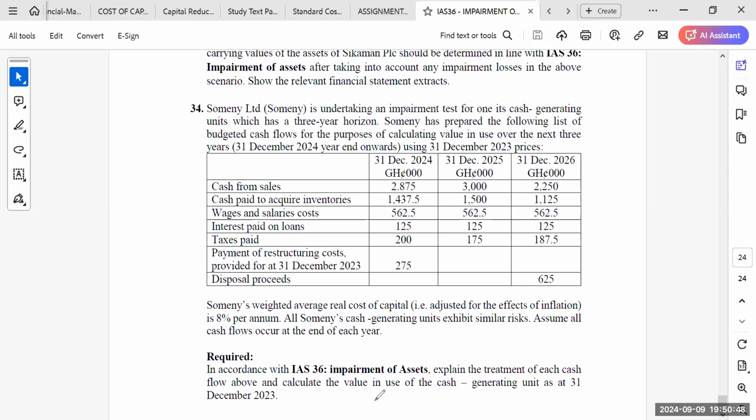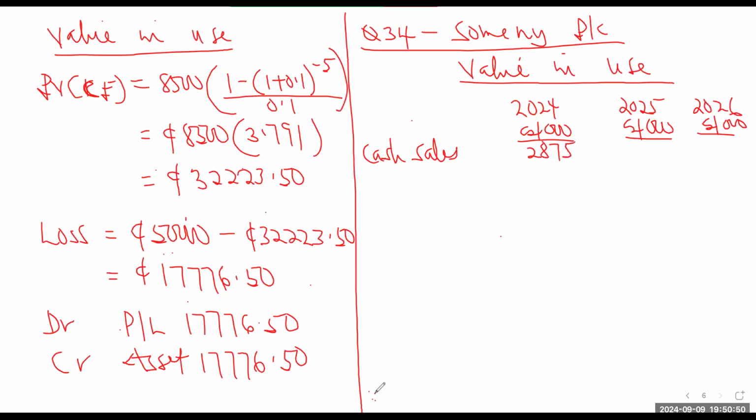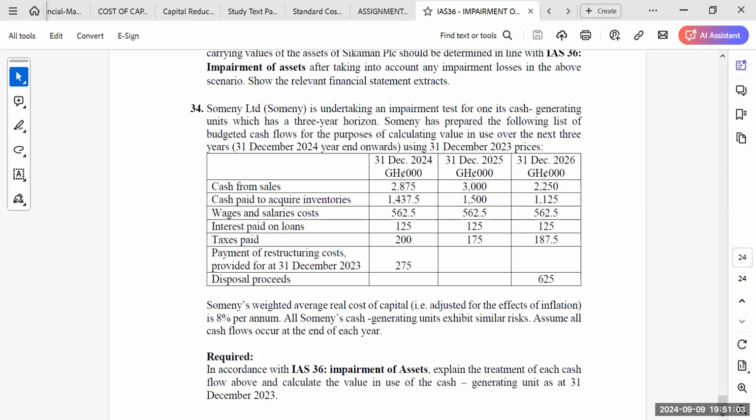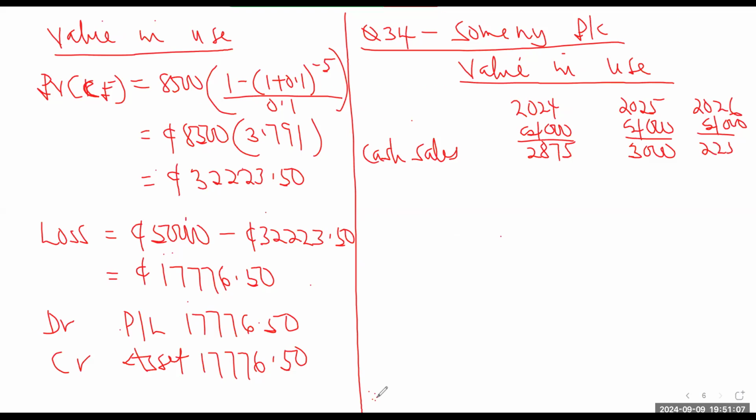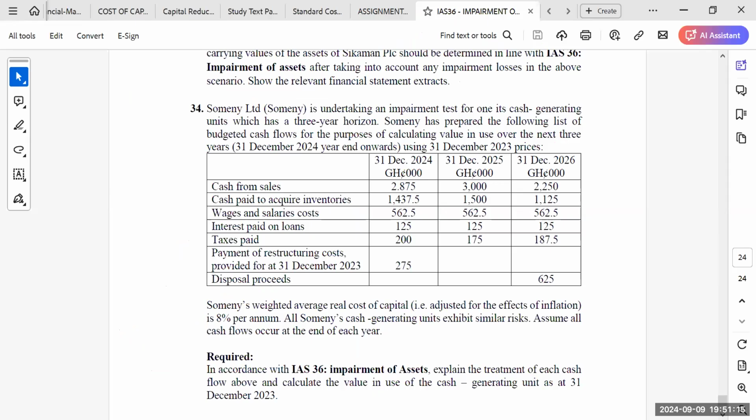2875. 3,000 what? 2250. Okay, 2250. Before we sell, we need to buy the items.